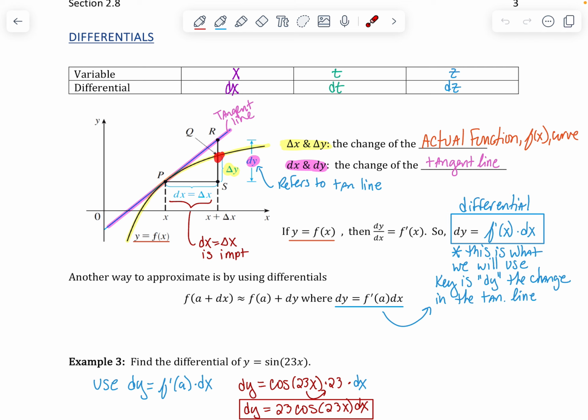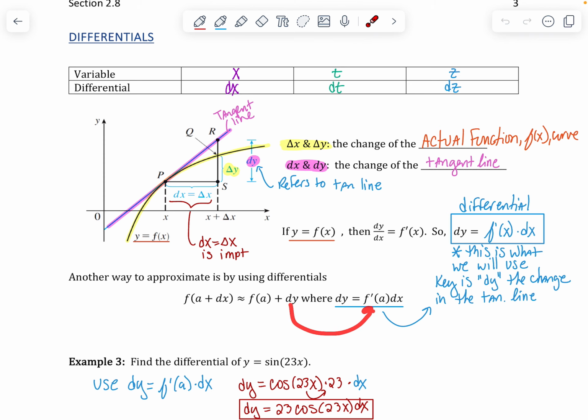So if you wanted to find the output on the curve at Q, where you scoot over dx pieces, it's super close to the actual function at whatever that first point is, adding up this different piece, because remember, we're saying R and Q are going to be pretty close together.